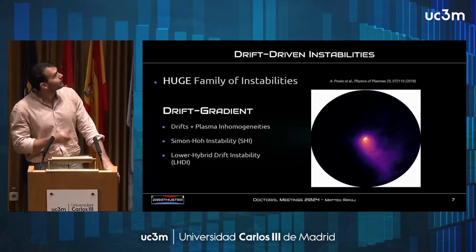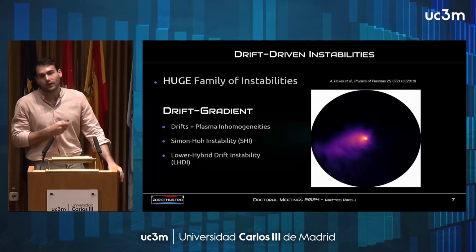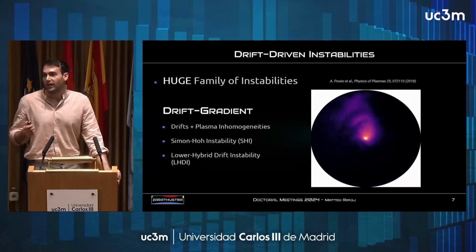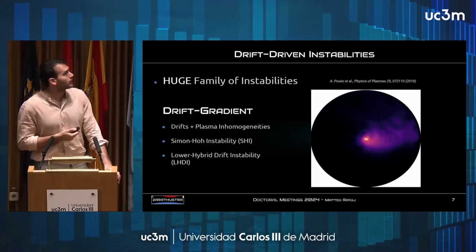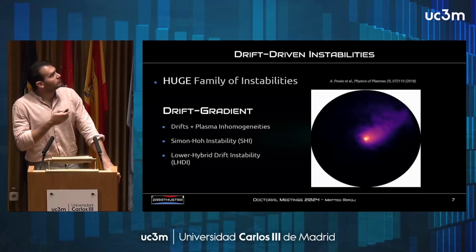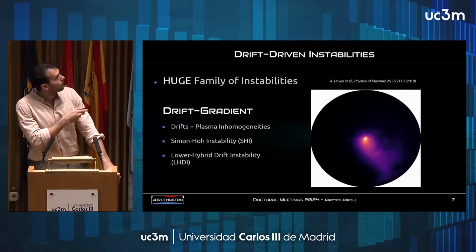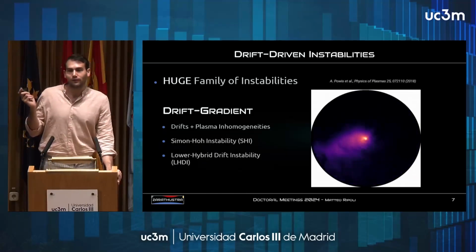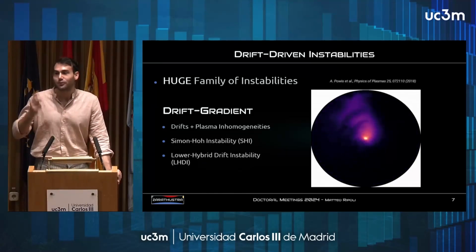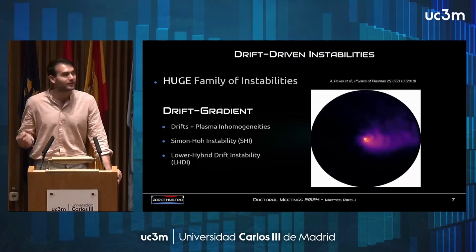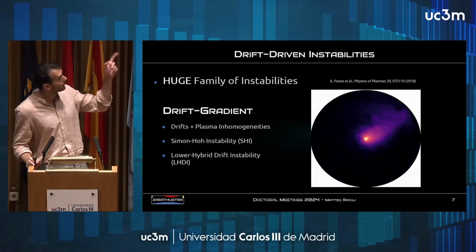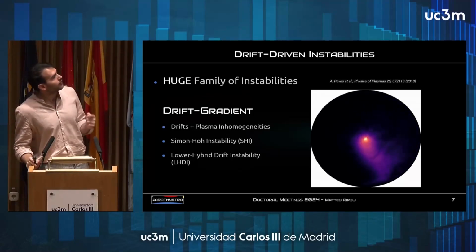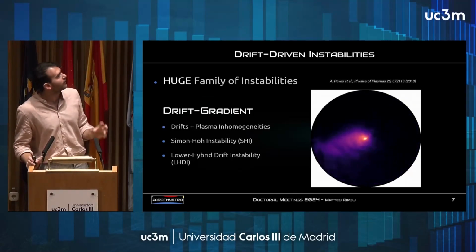Then you have drift-gradient instabilities, where you don't only have interspecies drift, you also have plasma inhomogeneities driving your instability. Some notable names are the Simon-Hoh instability, both the collisional one from the 60s and the modern collisionless modified Simon-Hoh instability, which is the one called Simon-Hoh in all the papers in modern literature, to make things more confusing.